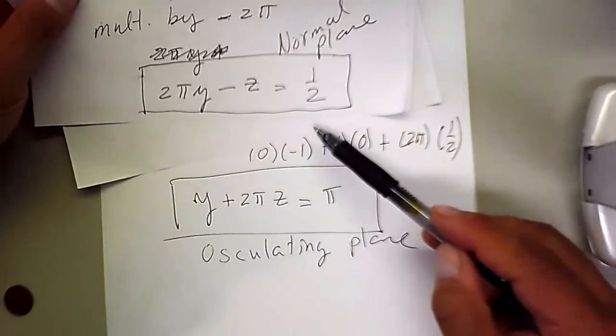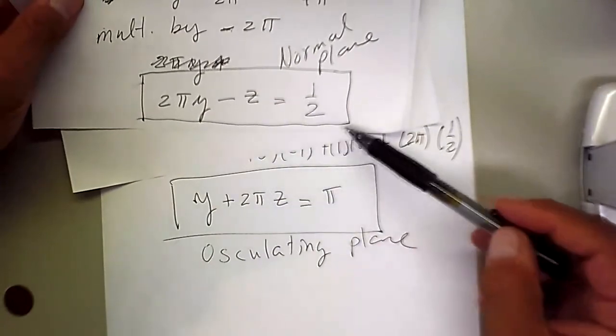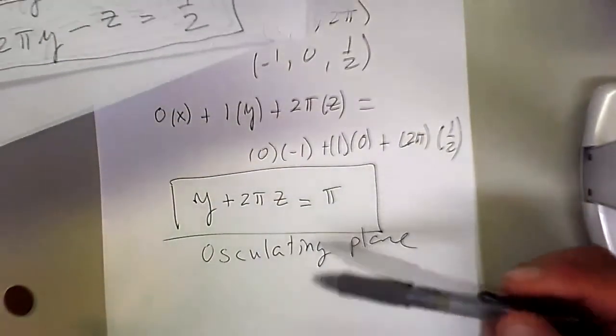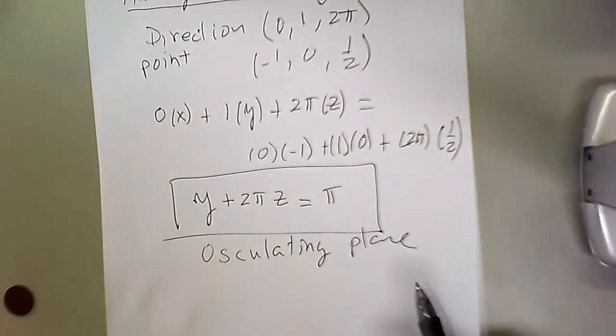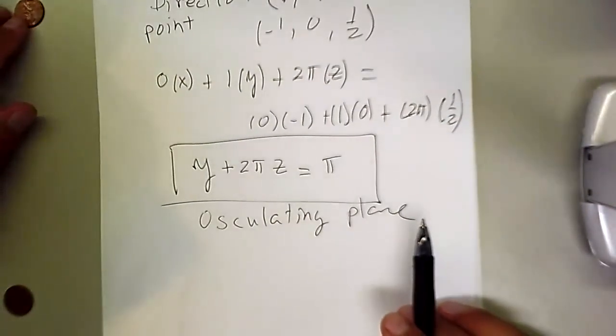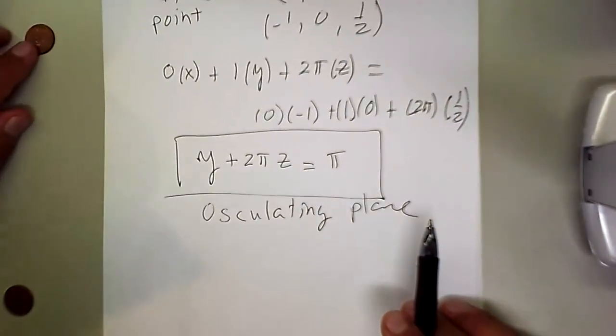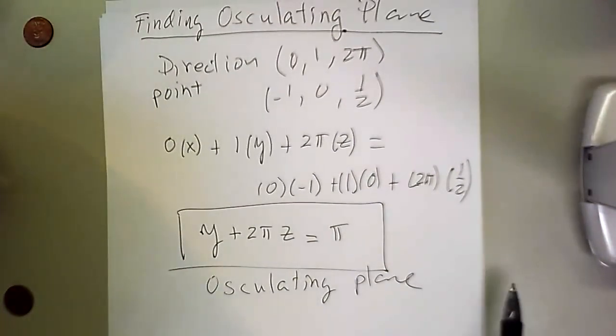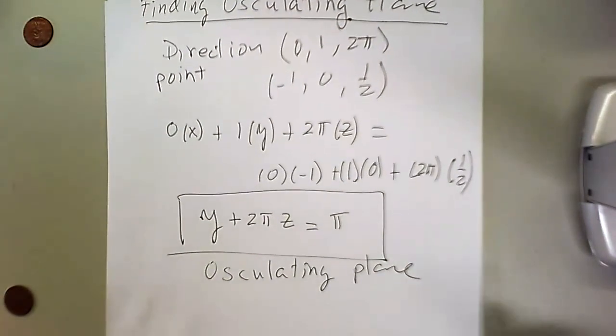And those two are perpendicular to one another. Yeah, so it checks out. All right, this finishes the osculating and normal planes of a curve. We'll stop here now.